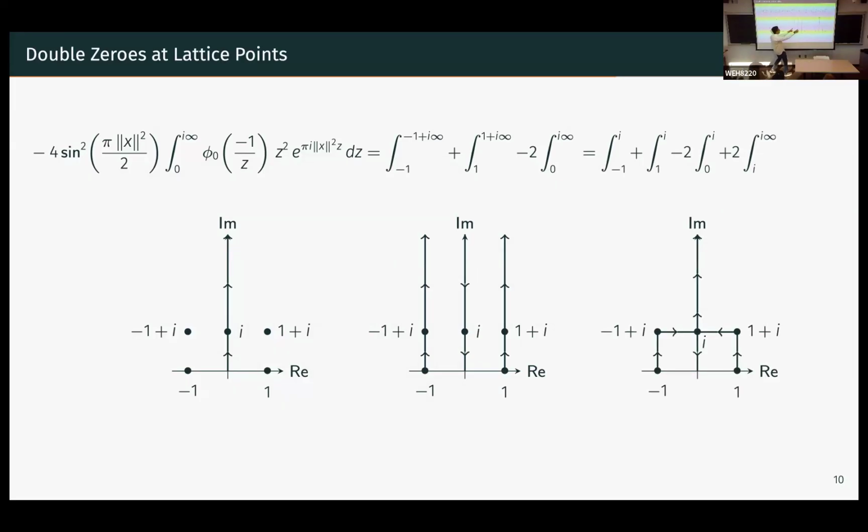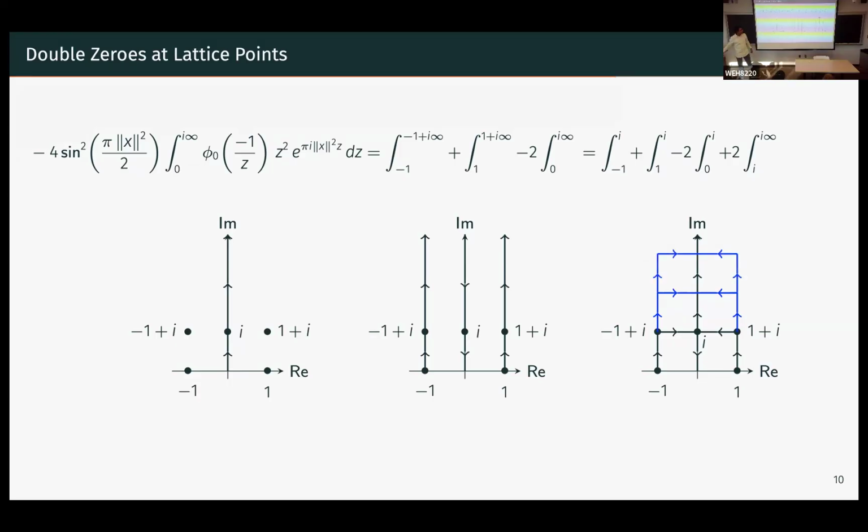So what we want is to merge these onto this axis. The way that you would do that is you would consider this new contour now. I know that going along here is the same as going along here, because I have Cauchy-Goursat for rectangles, and same thing on the other side.